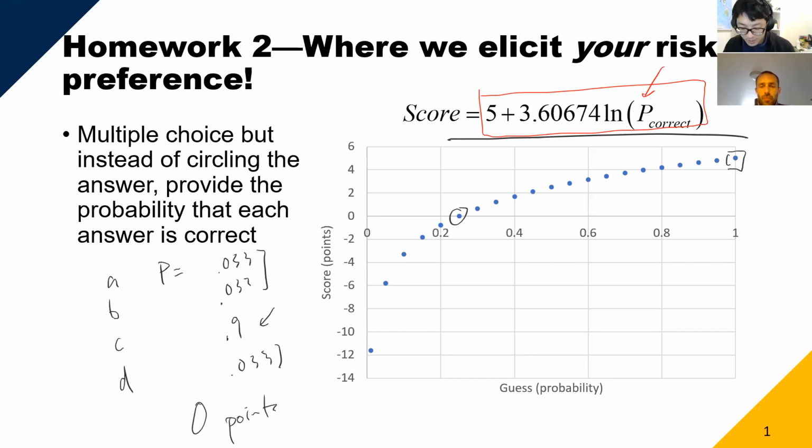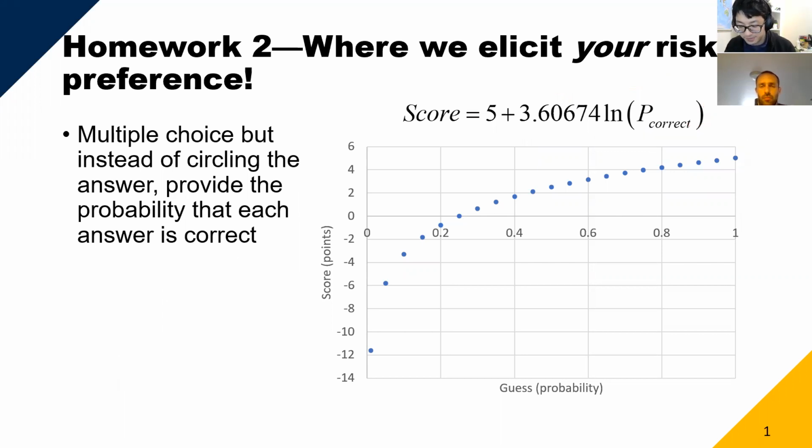Okay, any questions about this homework? Don't wait till the last day to do this. It will not turn out well. So how many questions are there? There are 15 questions.